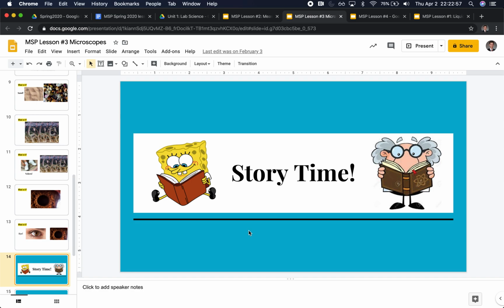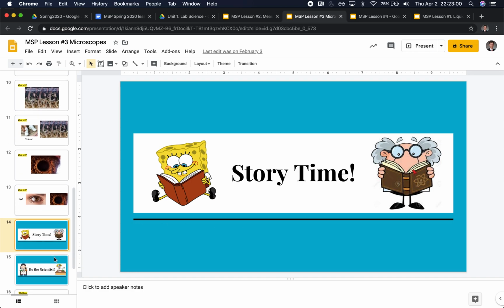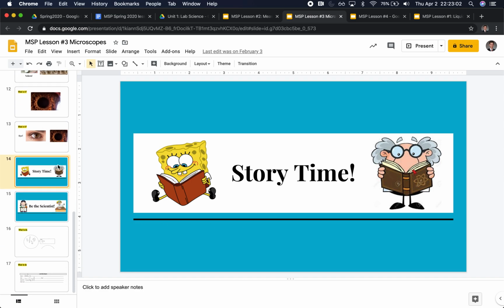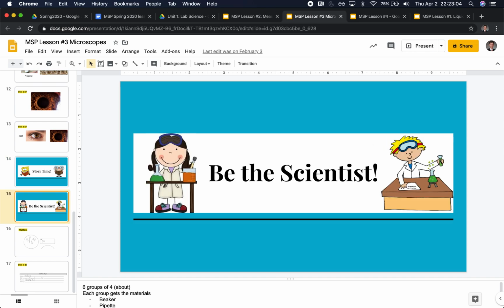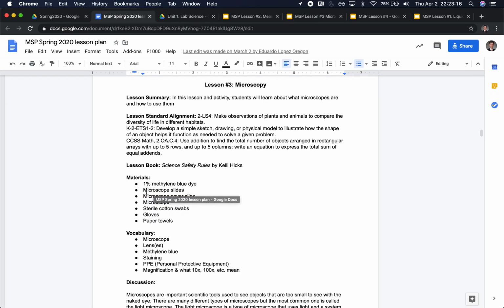There's not a lot of information with this, but for the activity, I grouped the students, and I gave them each a microscope slide and a Q-tip or cotton swab.